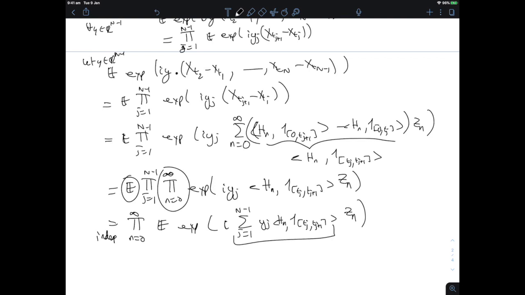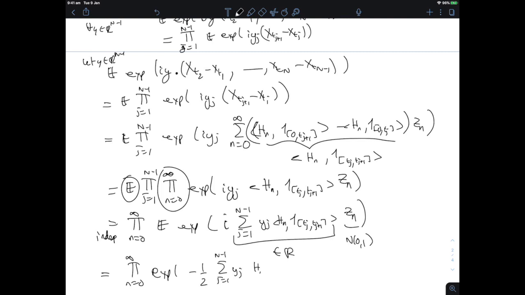Now, I'm computing, so this is just a number, it's important to remember, and this is an N(0,1) variable, so I know exactly how to compute such a characteristic function because I know what the characteristic function of a Gaussian is. So what I'm getting here is exponential minus 1/2 times this coefficient here squared, right?